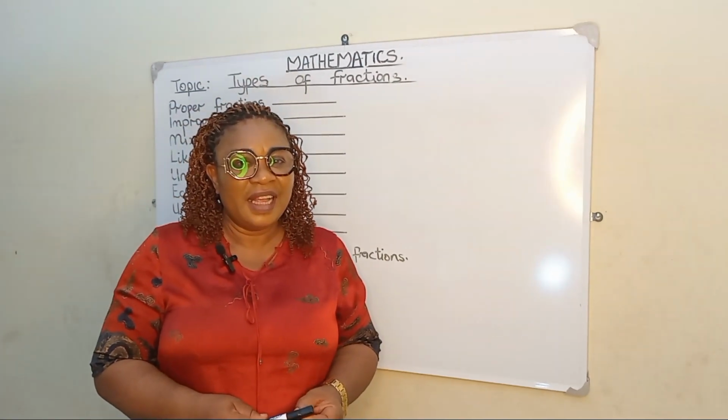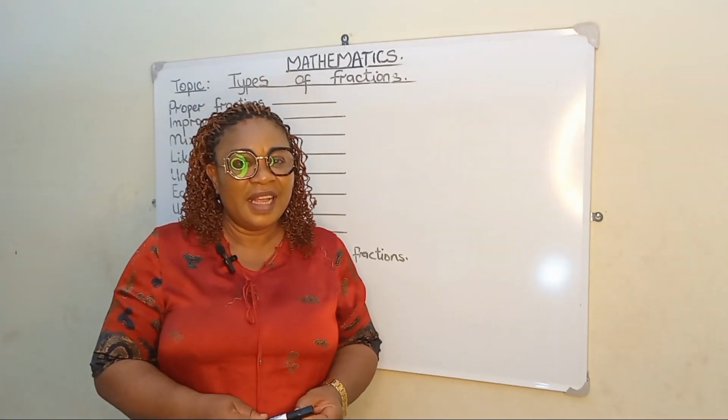Like fractions are those fractions the denominators are the same. I say it again. Like fractions are those fractions that the denominators are the same. Something like this. All the denominators are the same. We call them like fractions.